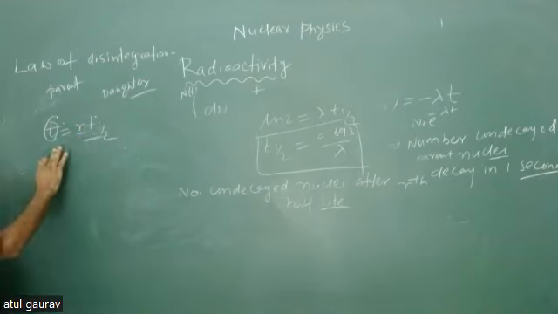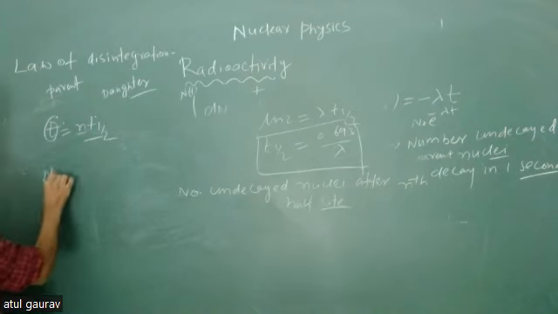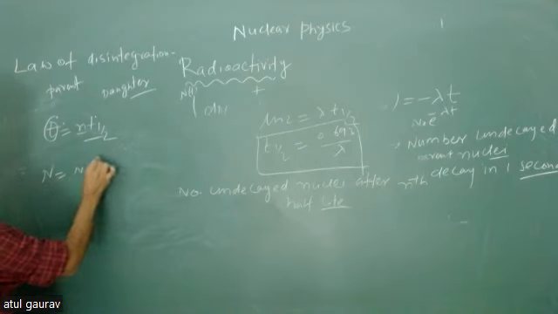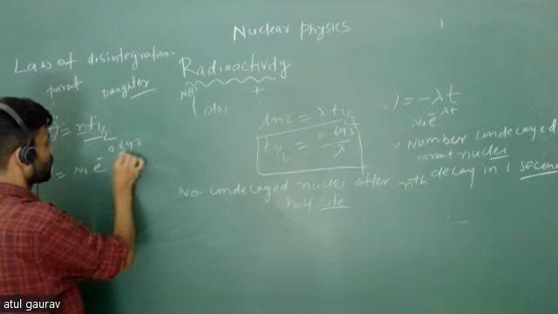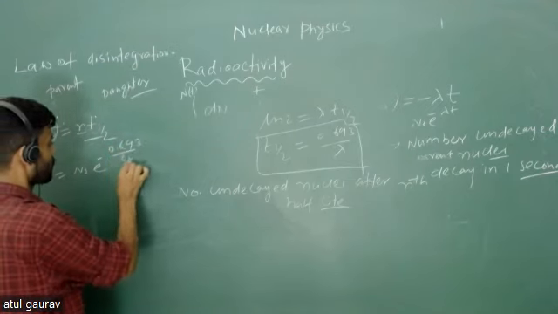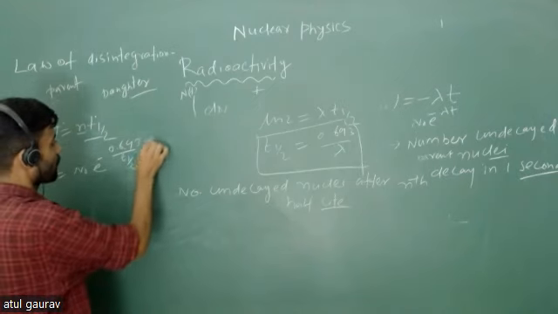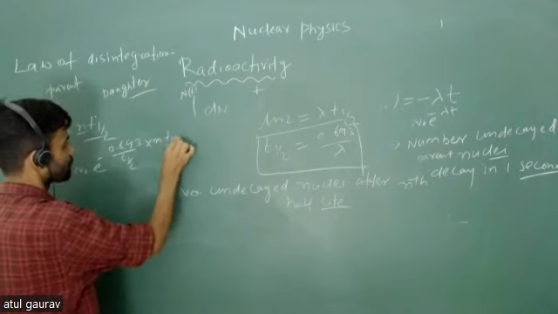Is it clear what I'm saying? Yes. Now you can write N equals N naught exponential minus lambda t, and lambda is 0.693 by t half, right? And here you can write n into t half.